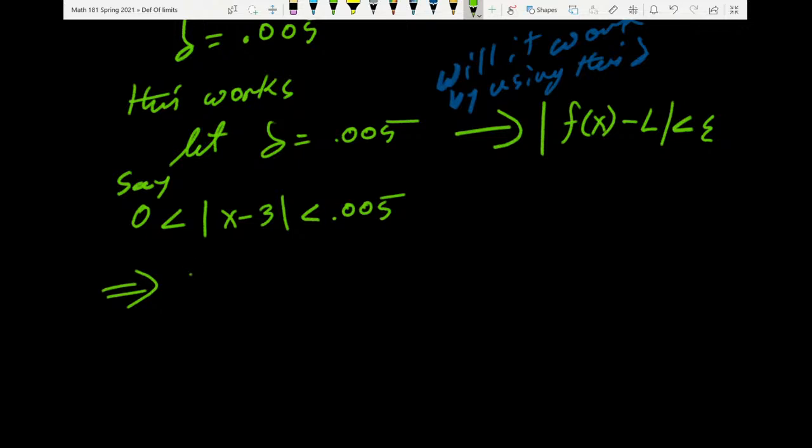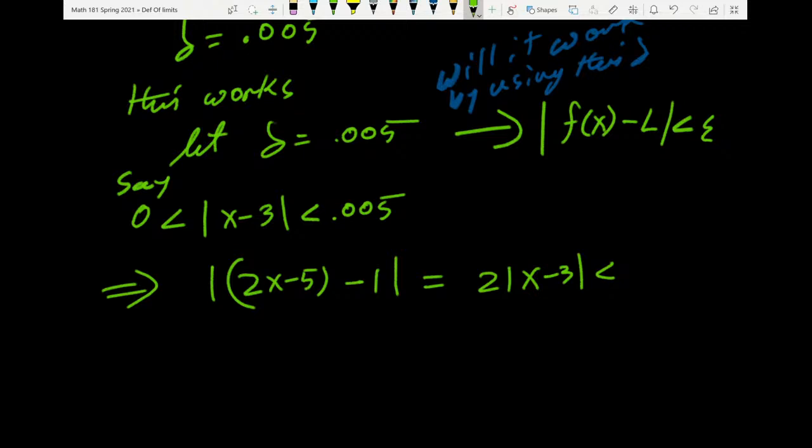The absolute value of 2x minus 5 minus 1 gives us 2 times the absolute value of x minus 3, which is less than 2 times 0.005.